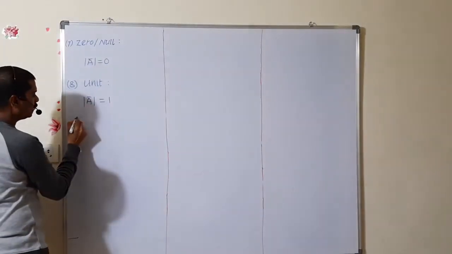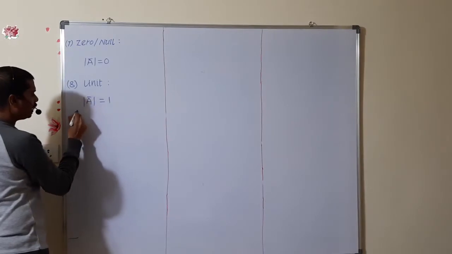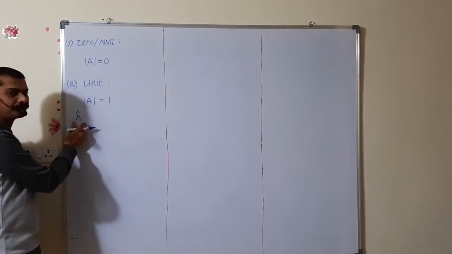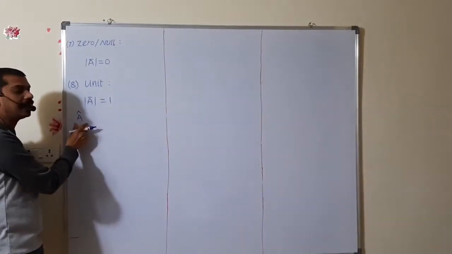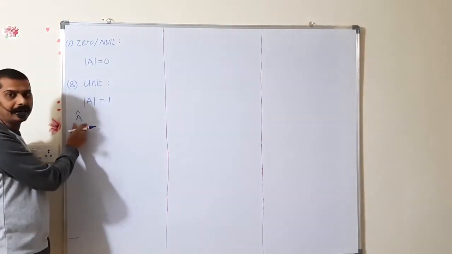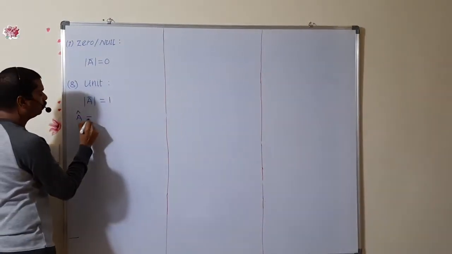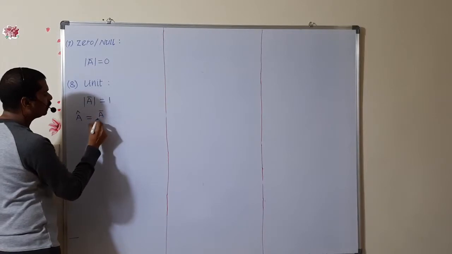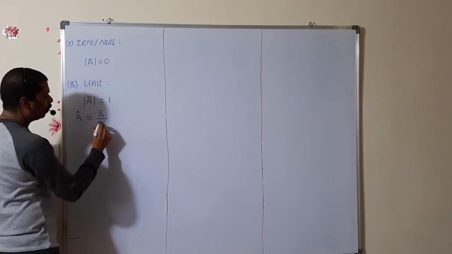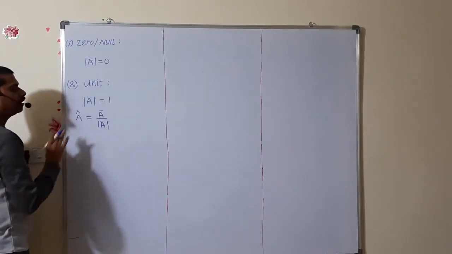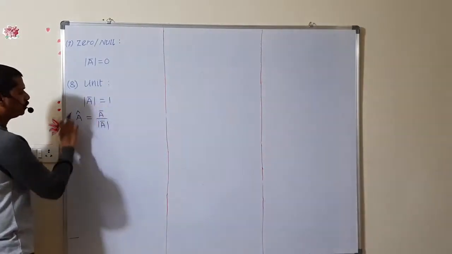It is represented by a cap, which we can pronounce as A cap or A caret. A cap is equal to vector A upon the mod of vector A. This is our formula for the unit vector.